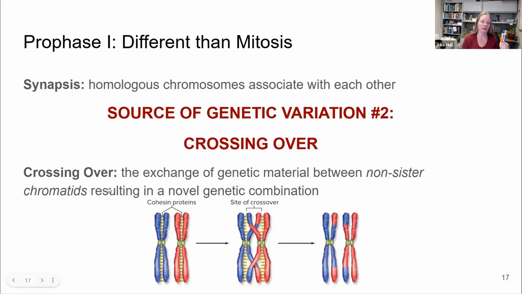Okay, so crossing over is our second source of genetic variation during the process of sexual reproduction. Crossing over is the exchange of genetic material between non-sister chromatids that gives us a novel genetic combination, right? This doesn't exist anywhere else in the universe.